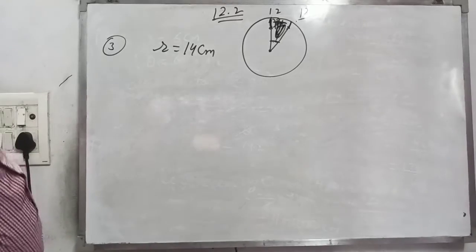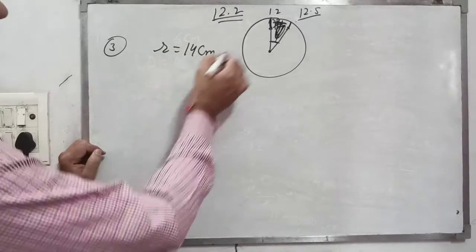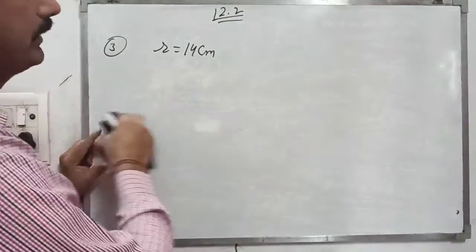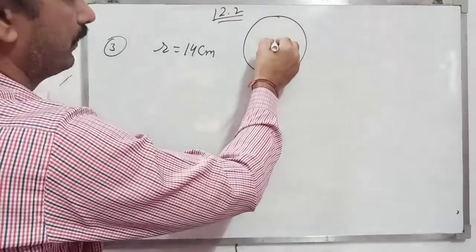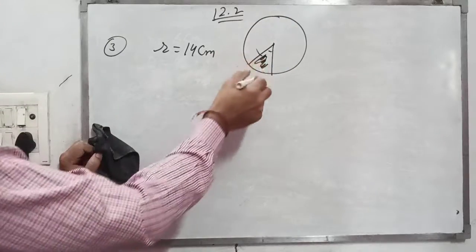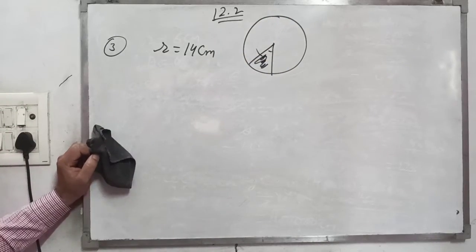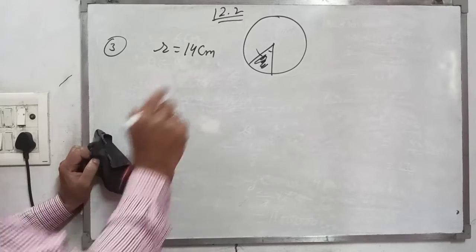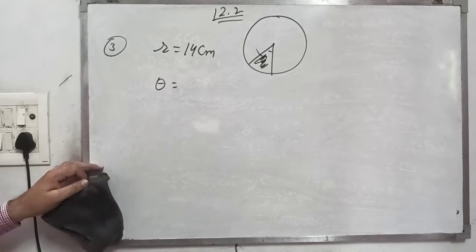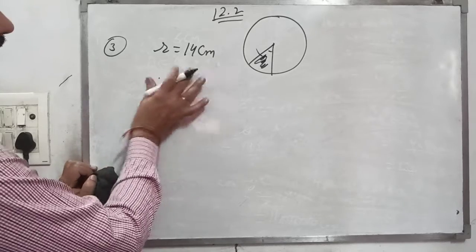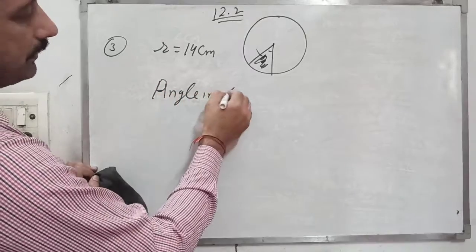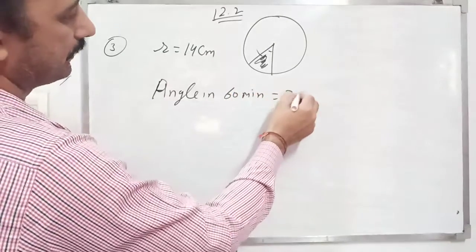So we want to find the angle first. The total angle is 360, but we want to find the angle swept in 5 minutes. The angle in 60 minutes is 360.